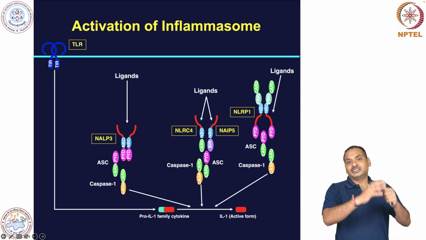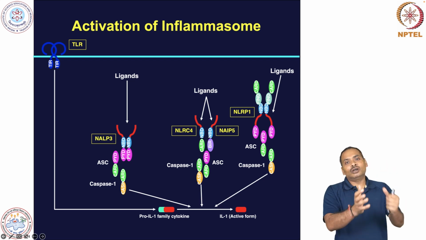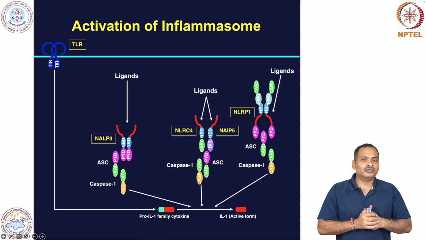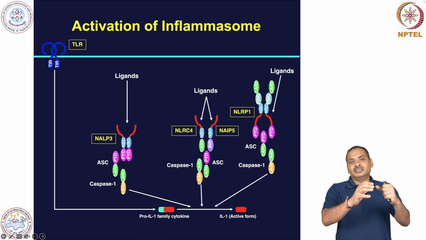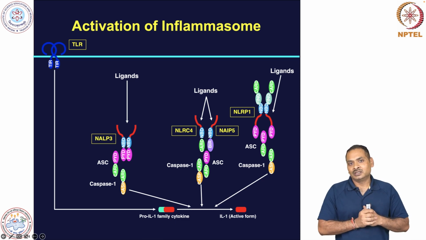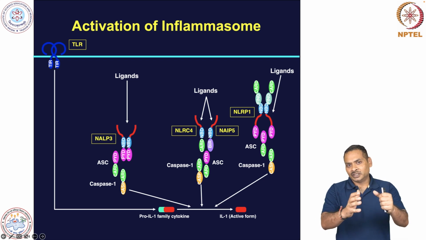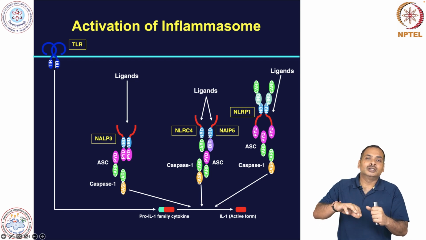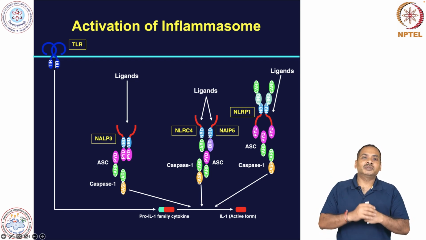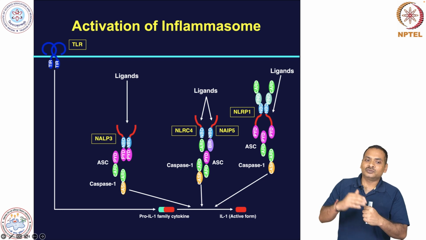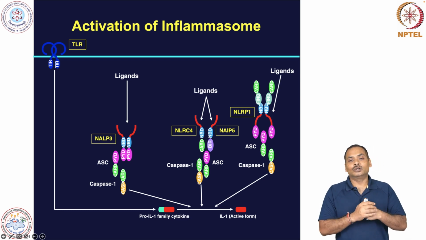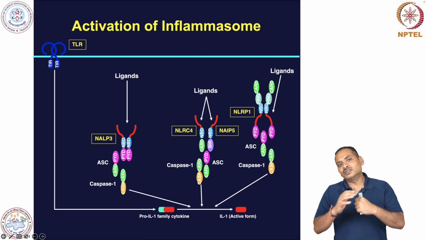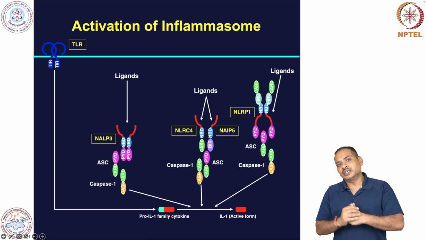This is signal 1, and signal 2 basically makes the oligomerization of these NLRP family members. These two signals work together, and then through this inflammasome multiprotein complex there will be processing of procaspase into the active form of caspase, and this active caspase will cleave the pro IL-1 family cytokine.